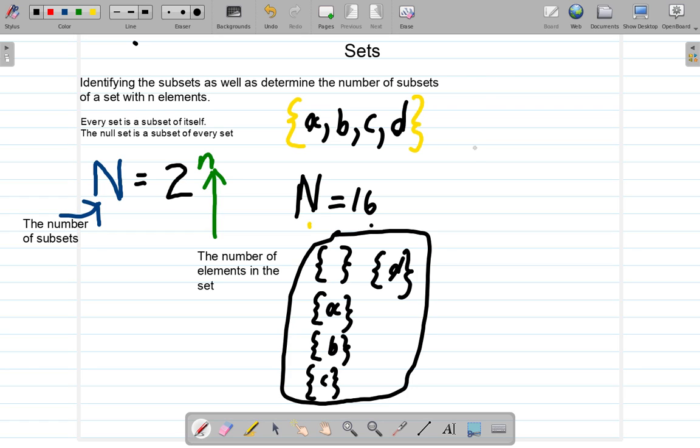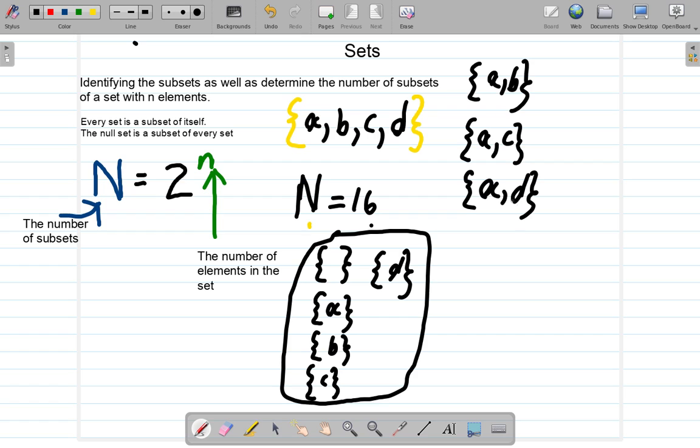Now, suppose we have those subsets with 2 elements in them. So we have AB. Remember, AB is the same as BA. It's the same set. It doesn't matter which order you put them. So you cannot write BA after this. You have AB. Let's continue starting with A. AC. And you have AD. Alright.